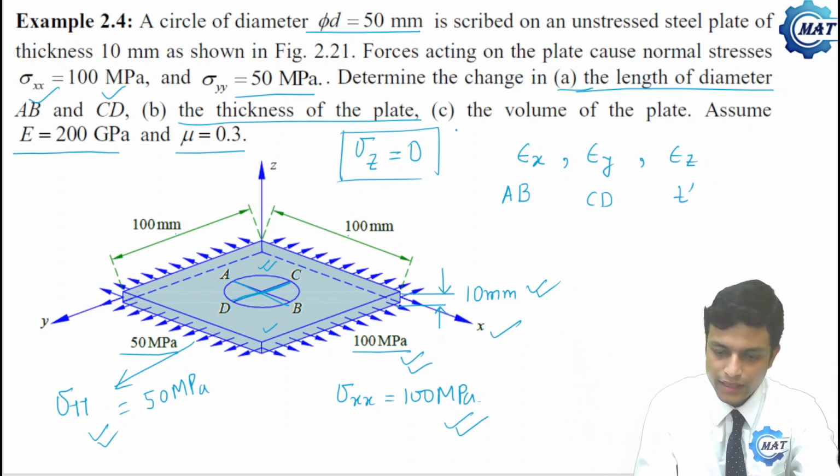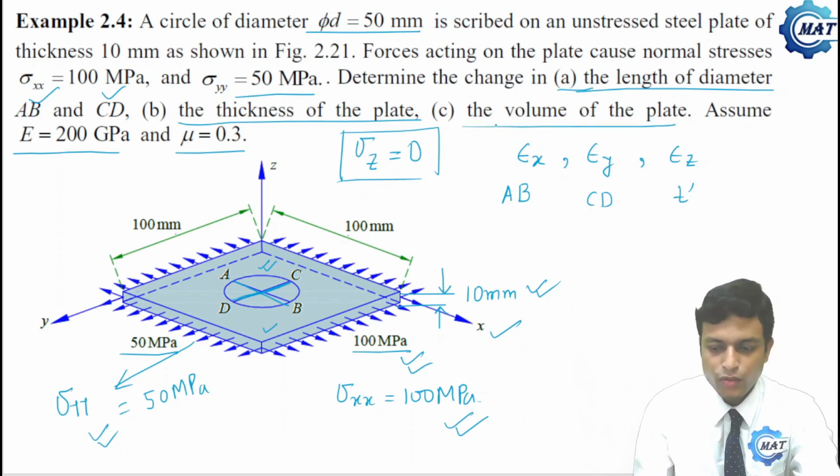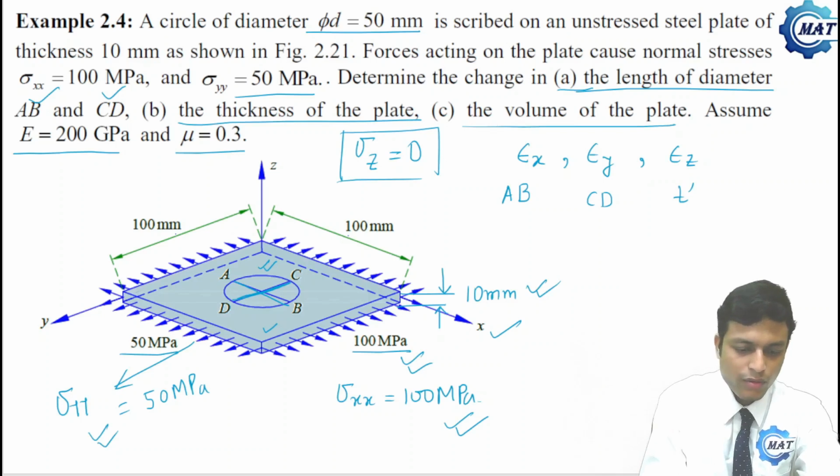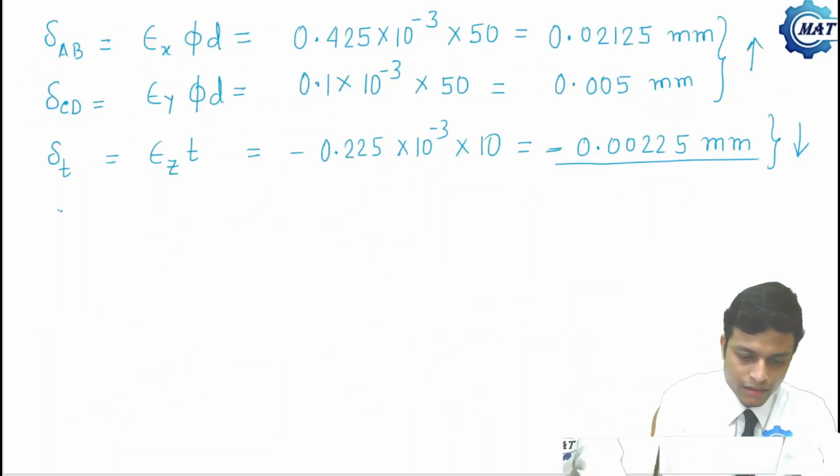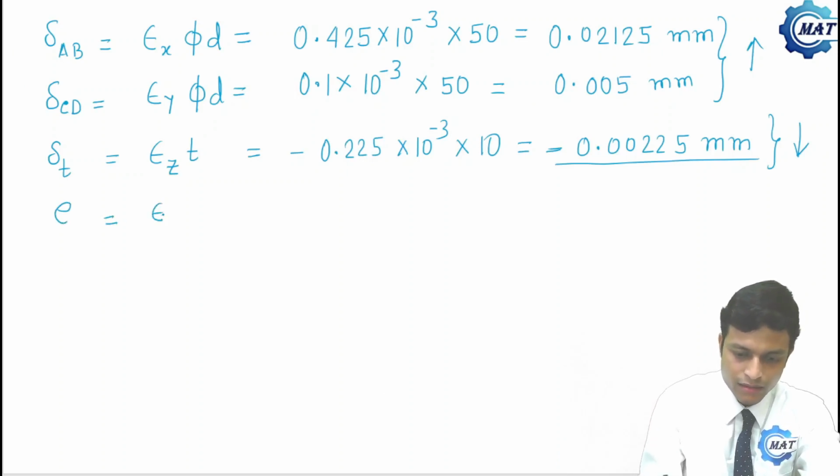Now next, in part C, it has been asked the change in volume of the plate. What will be the change in volume of the plate? Volumetric strain is epsilon x plus epsilon y plus epsilon z.